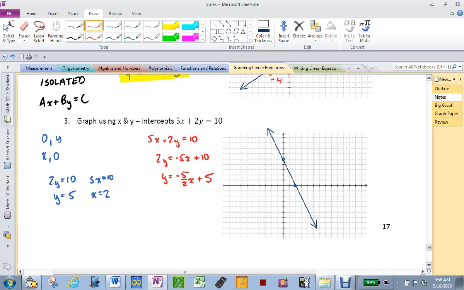Now, I don't get it. Why is it that I would give you this specific instruction using x and y intercepts, but then say you could do it this way? To show us that you can do it both ways. To show you that on your provincial exam, nobody cares how you do things, as long as you get the answer right. Do you understand?